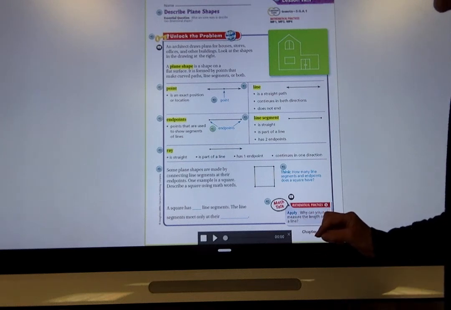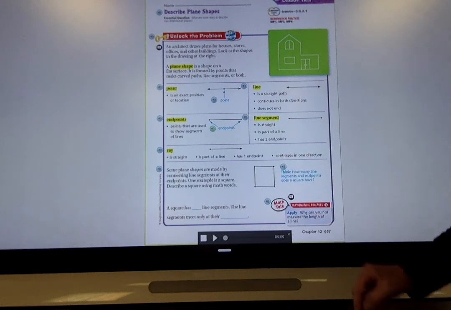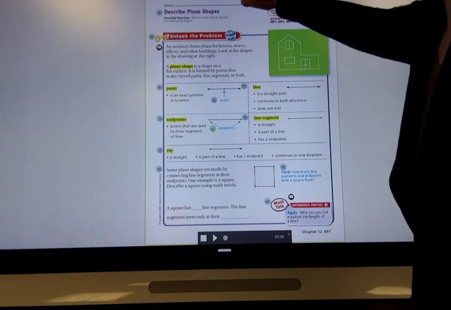The line segments meet only at their, well, we could call that corners. We could call that their endpoints. The real name for that is vertex or vertices, but we're going to call them endpoints. Okay, let's go on to the next page, 698.